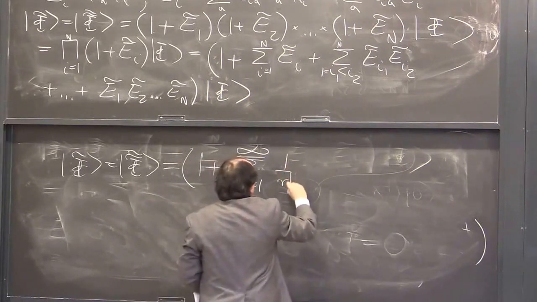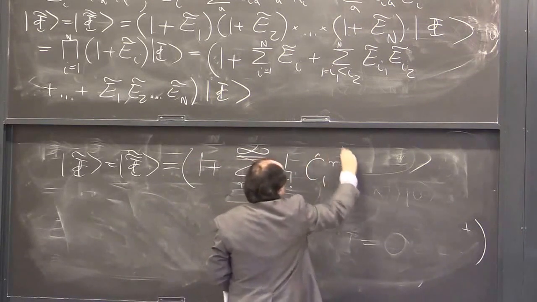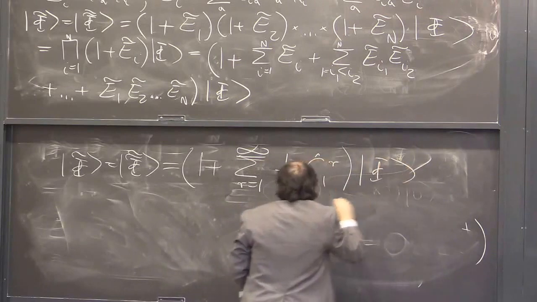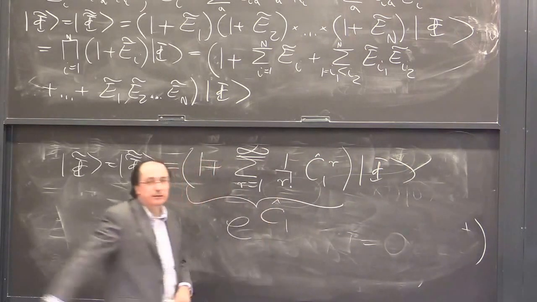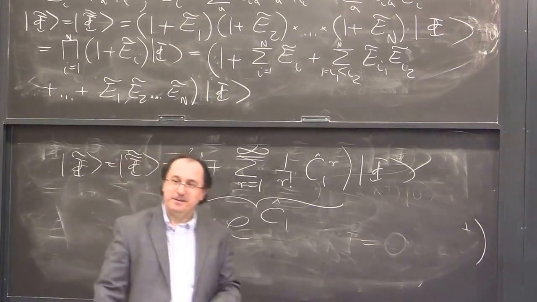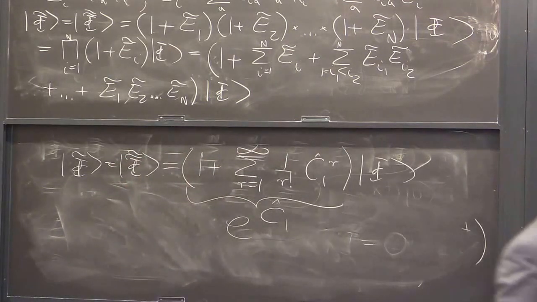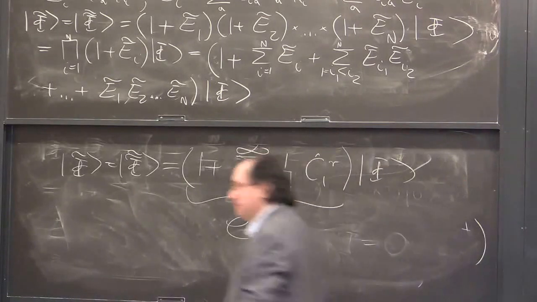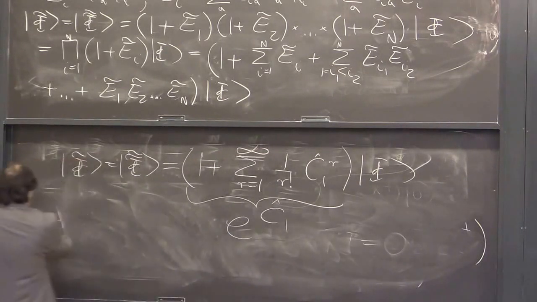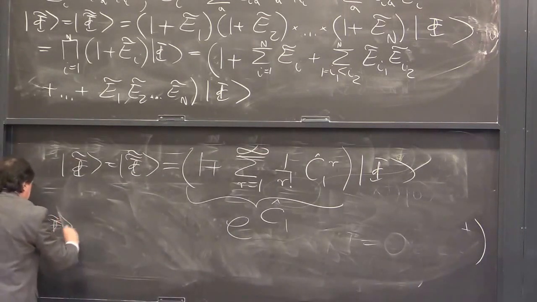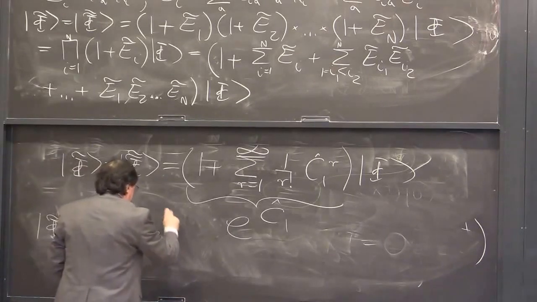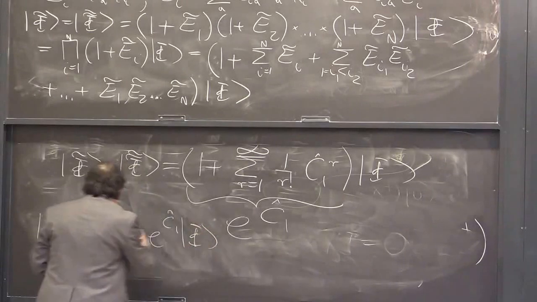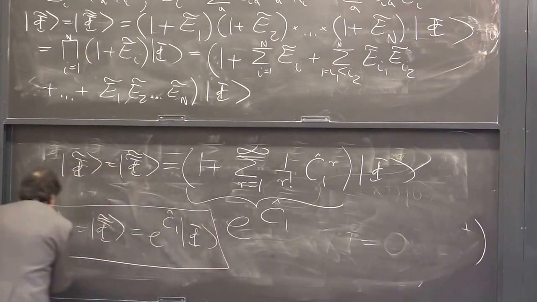It's 1 over r factorial c1 to the r acting on the phi. But this is an exponent of c1. And that is the Thouless theorem. Okay? We just proved that phi double tilde is e to the c1 acting on the phi, which is the Thouless theorem.